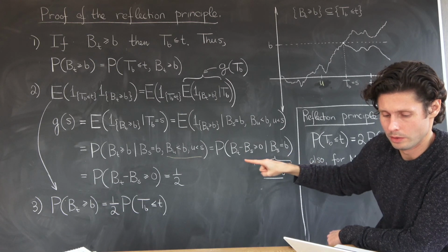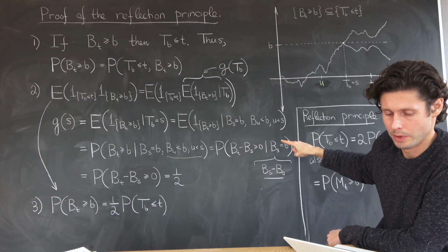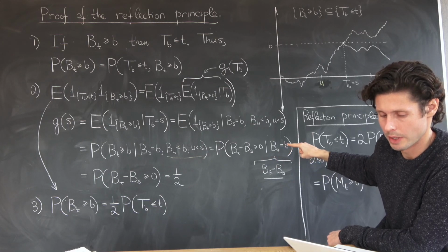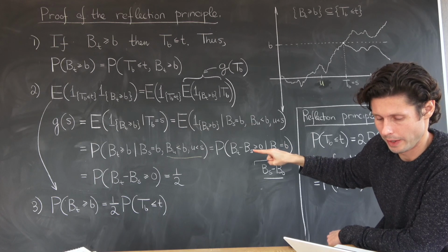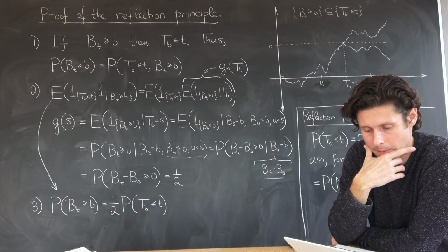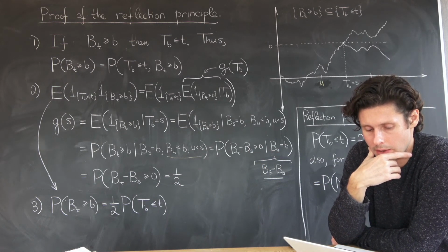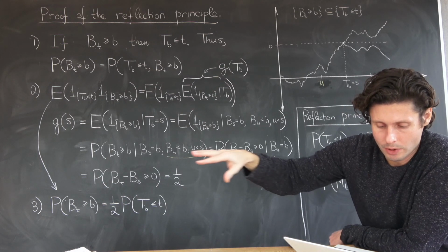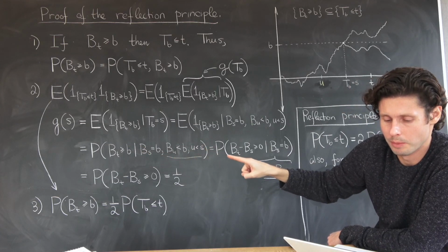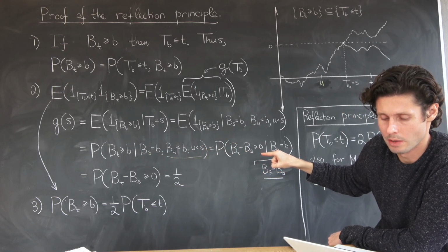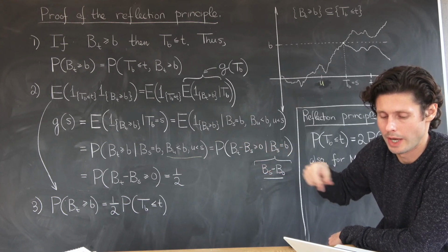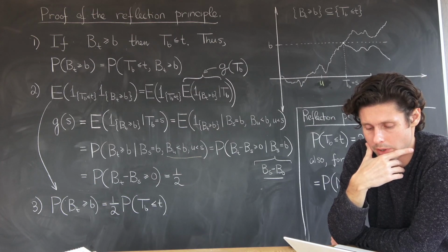So when you see this probability or any kind of expectation, and you're given that the random variable is equal to some number, I can either put that value in, or I can put the random variable in. It is the same exact thing. And that's what happened going from this line to this line, moving b over to the other side, to get B at time t minus little b is greater than 0, and then substituting for little b the actual notation for the process.